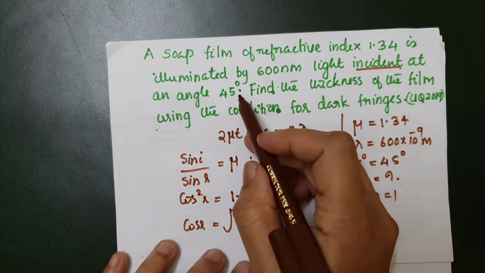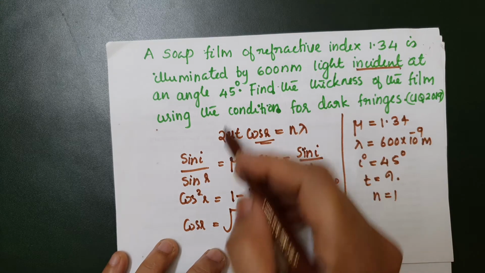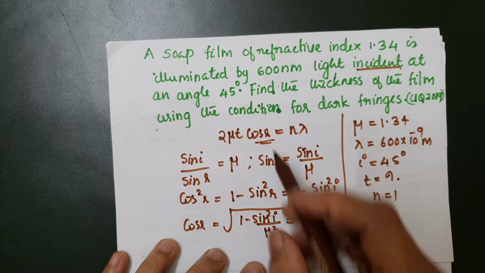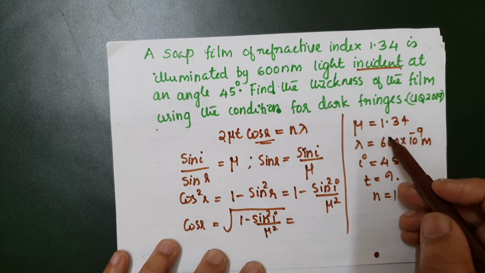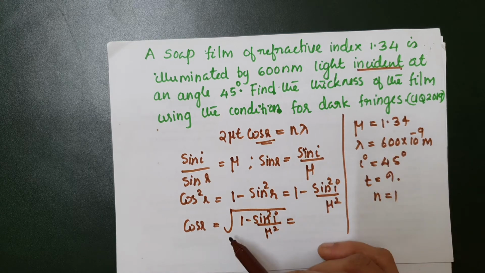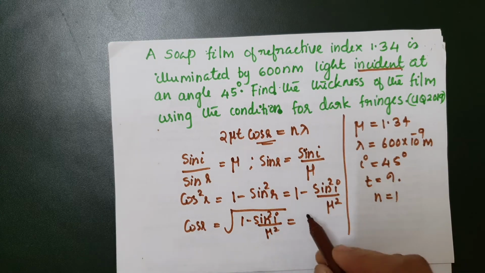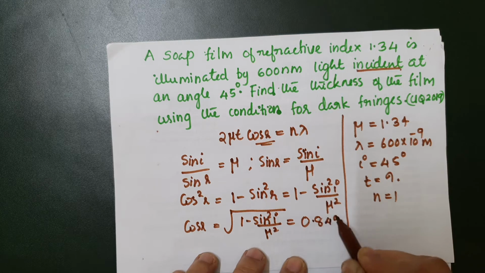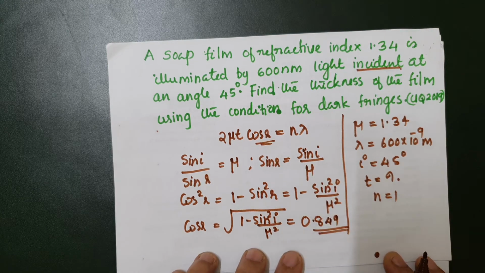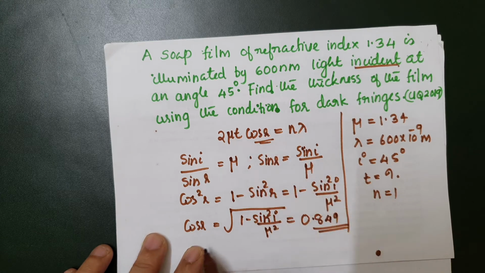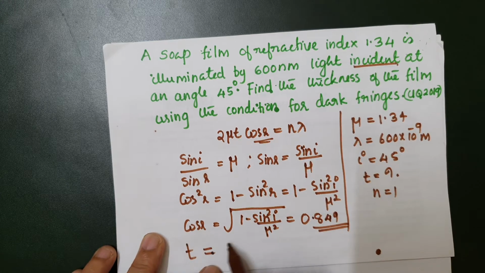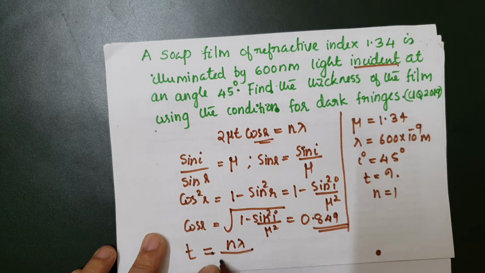Then i is 45 degrees, and sin i is 1 by root 2, so sin square i is 1 by 2, and mu is given as 1.34. Hence the value of cos r will be 0.849. Substituting the value of cos r in this equation, we get t is equal to n lambda divided by 2 mu cos r.